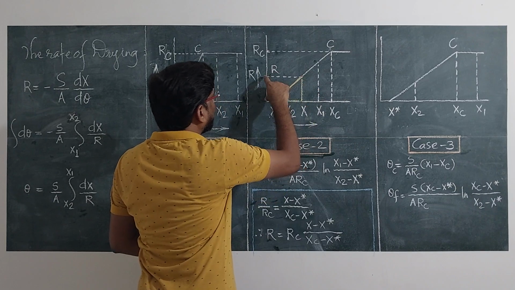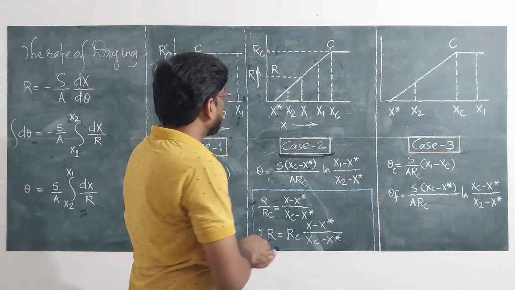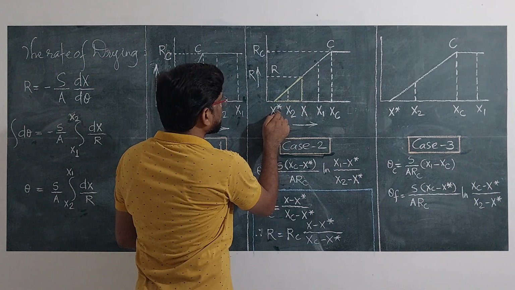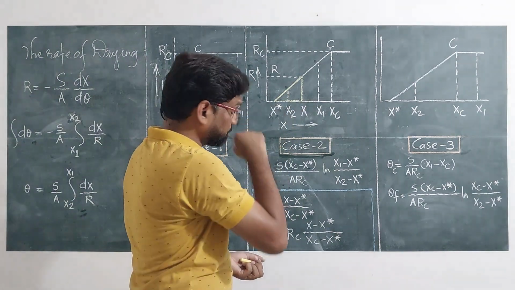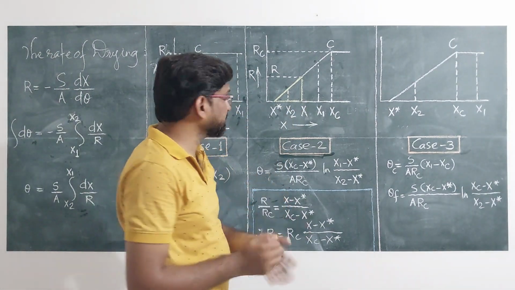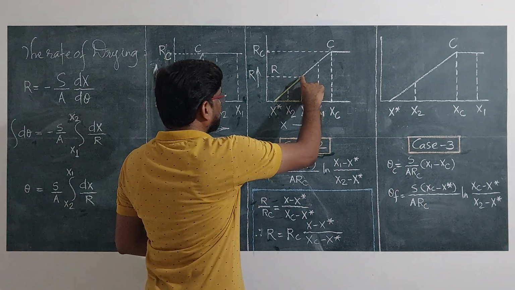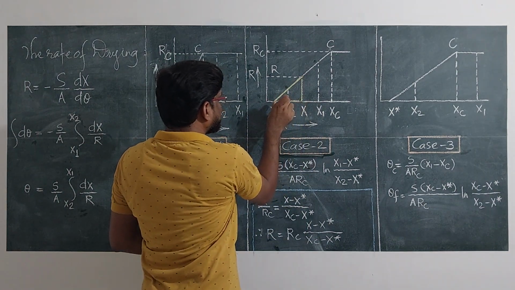This side is R, and this side is X minus X star.